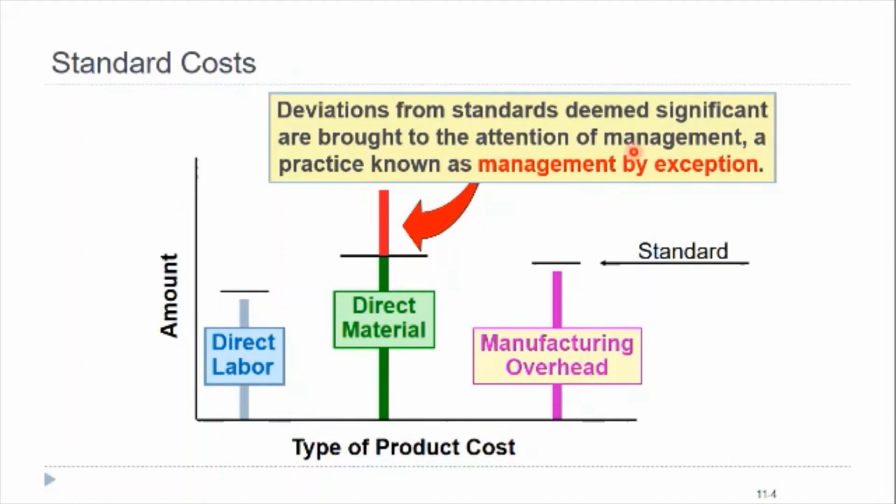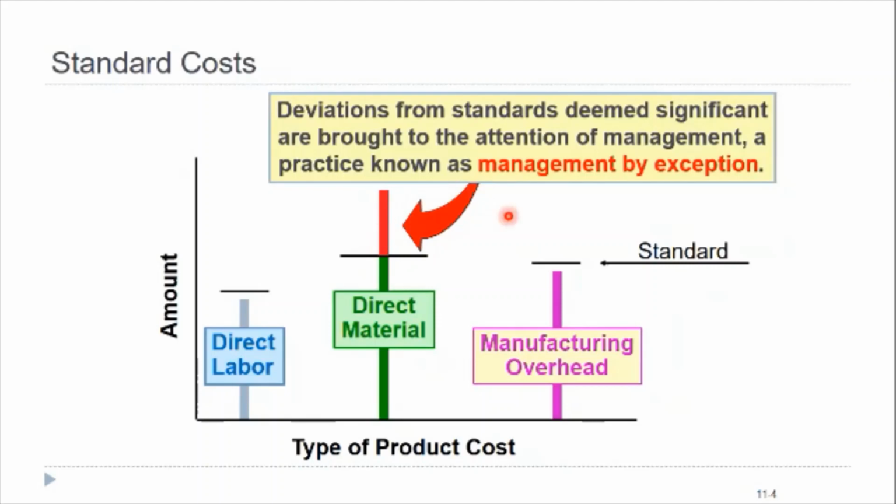It is brought to the attention of management, and this practice is known as management by exception. Only the ones that deviate from these standards, like in this diagram here, you see direct labor was within the standard, as well as the overhead, but the materials went over the budgeted amount, over the standard. So management will look into that to see what caused it.